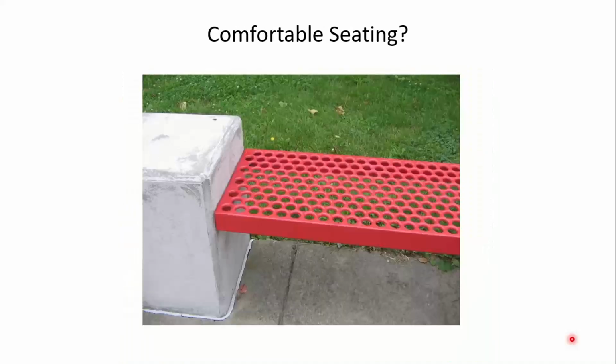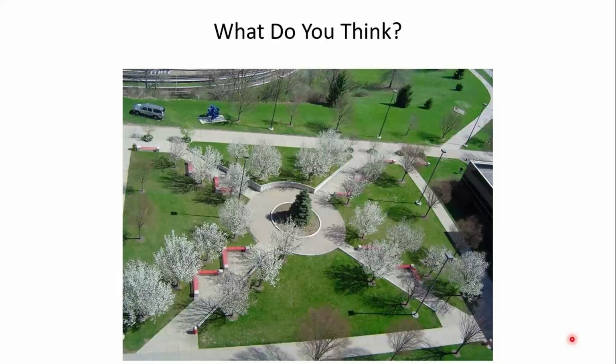One reason might be the benches. I can assure you that's not very comfortable seating, especially if you wanted to sit there for part of a lunch hour. You can see the walking paths maybe don't conform with people's desires. There are some elevation differences, as you can see from the retaining walls.